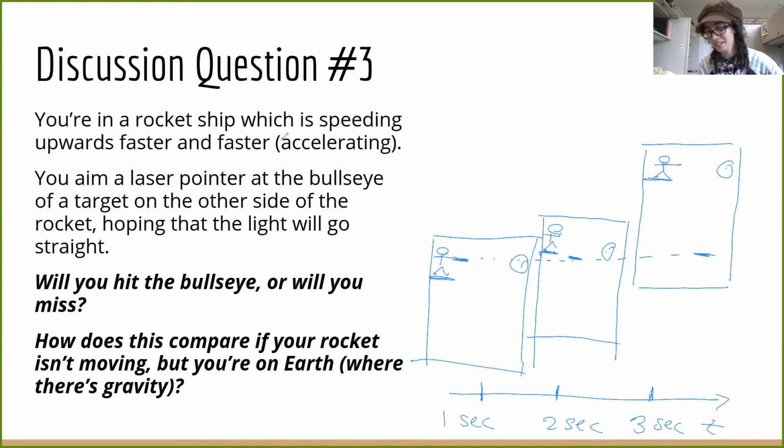Lasers are famous for always traveling in straight paths. And since light is massless, you don't expect gravity to have any effect on it. But as we pointed out earlier, gravity doesn't care how much mass something has. And with general relativity, we find that it doesn't care if something even has mass to begin with.